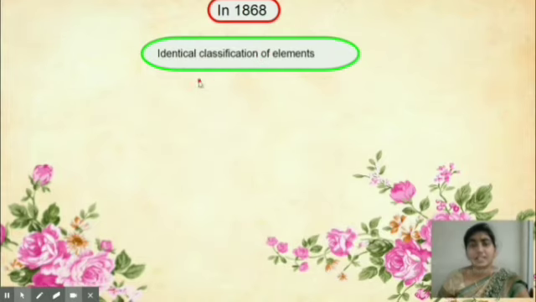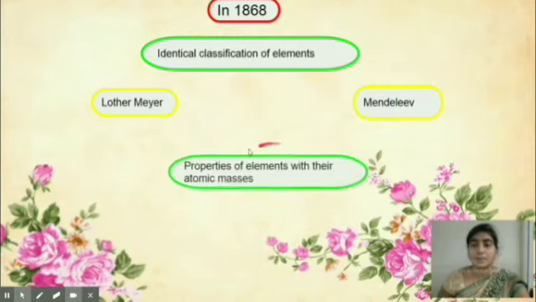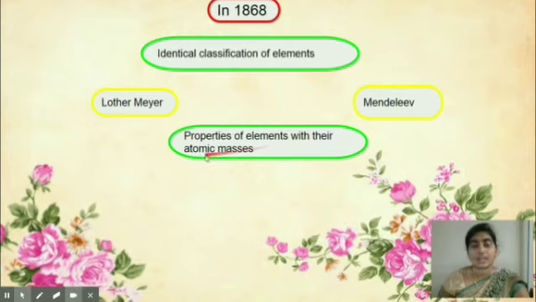Lothar Meyer, a German scientist, and Mendeleev, a Russian scientist, both worked on the periodic properties of elements with their atomic masses. But what is the difference between them?